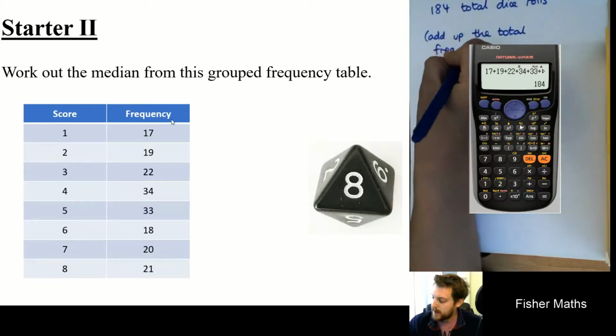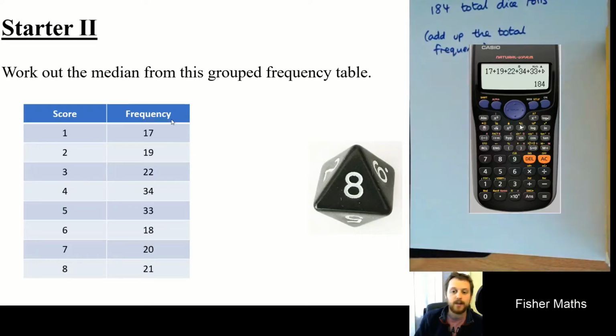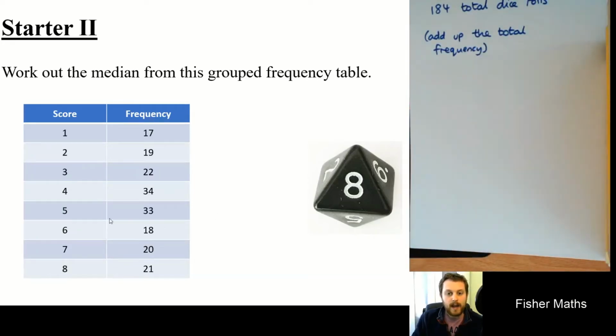I've said this many times before in class. What a table like this is actually representing is, now it's not necessarily the order that the numbers came up in. In fact, it's really quite unlikely that for the first 17 throws they were all 1, and then for the next 19 they were all 2, and then for the following 22 they were all 3.